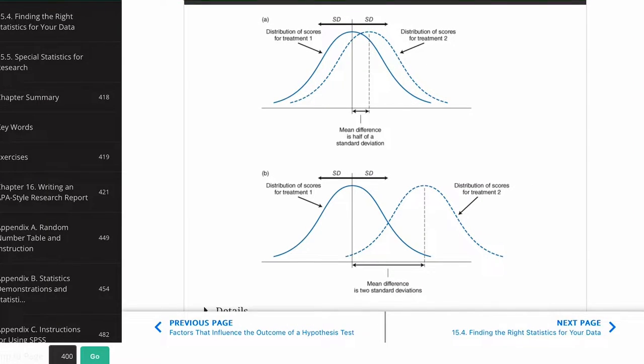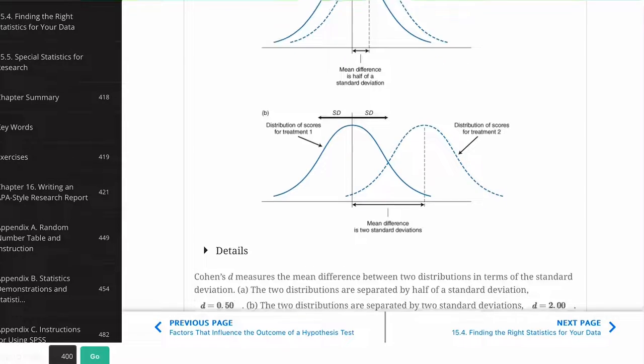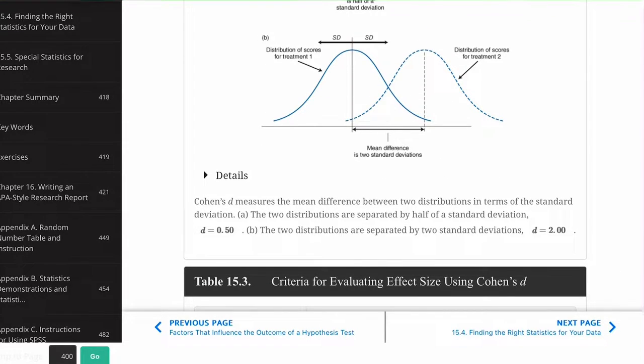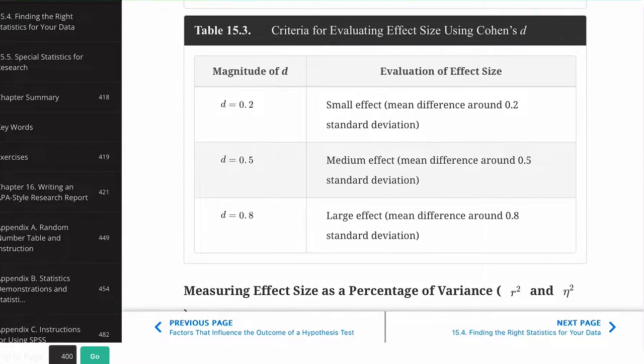So that would mean that down here at the bottom, when there's 2 standard deviations, in part B, those are obviously 2 very different distributions of scores. So there is definitely a difference happening between the 2 sample means, right? You can see that clearly with the two curves there.